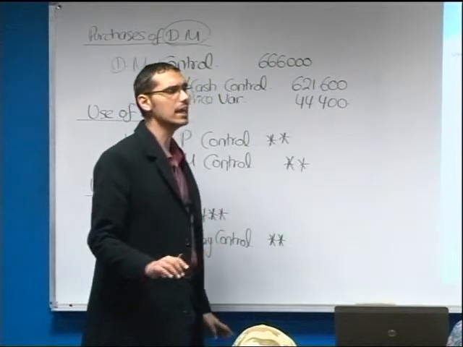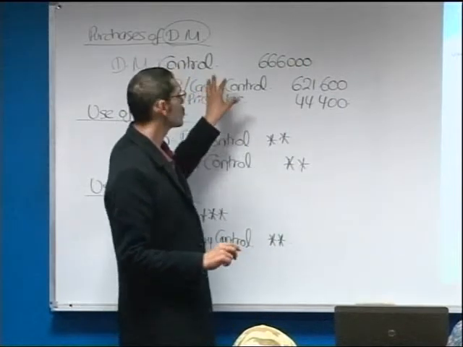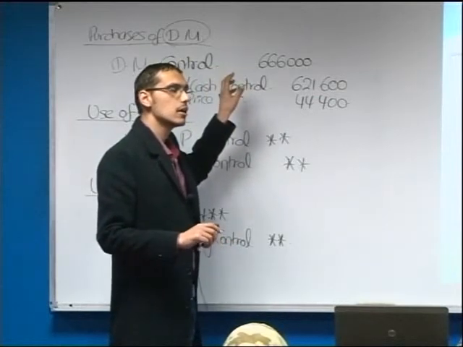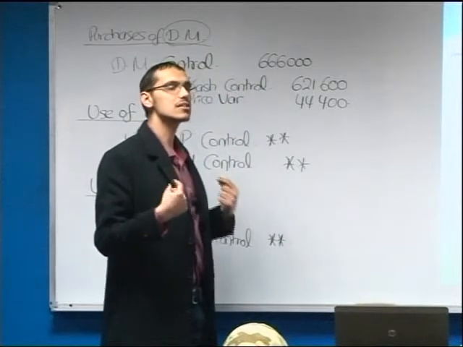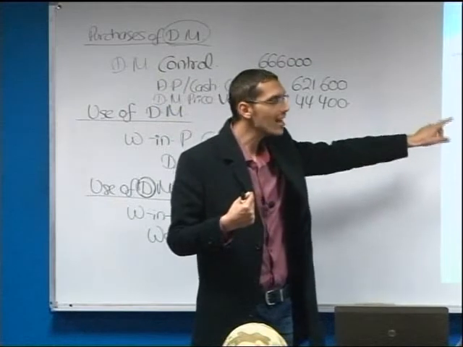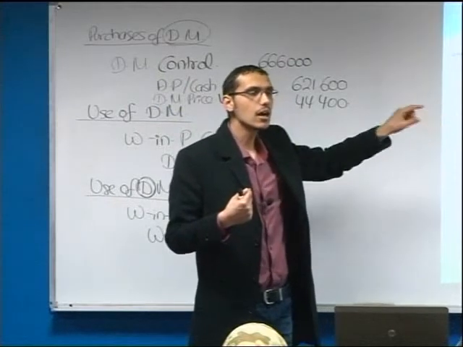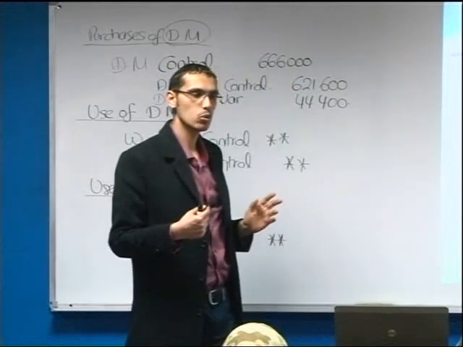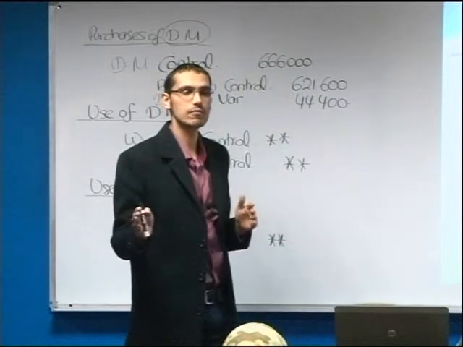Therefore, as we can see here, the use of the standard costing made it possible for us to isolate and determine the price variance immediately after the purchase, which is a very good thing to have.